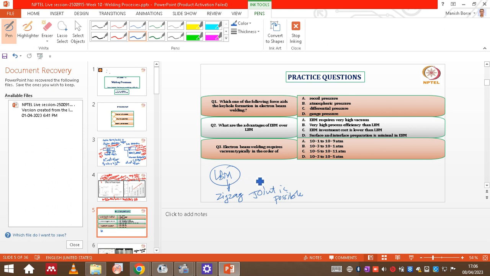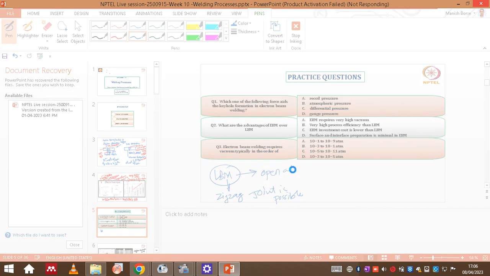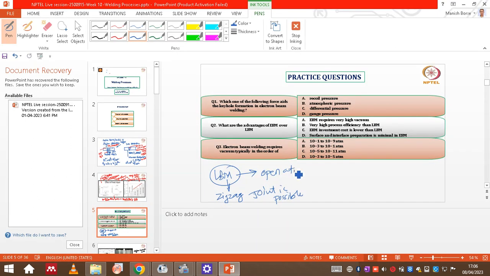But the main disadvantage we saw in laser beam welding is that, though it is capable of working on any material in the open atmosphere, another main disadvantage is the absorptivity of the photons, right? Some materials are good reflectors of photons, so they will reflect the laser beam.